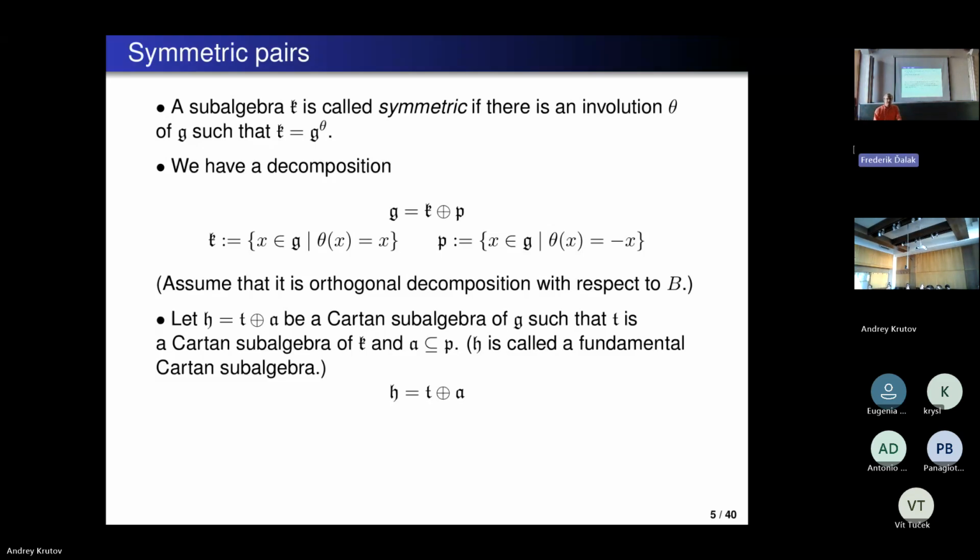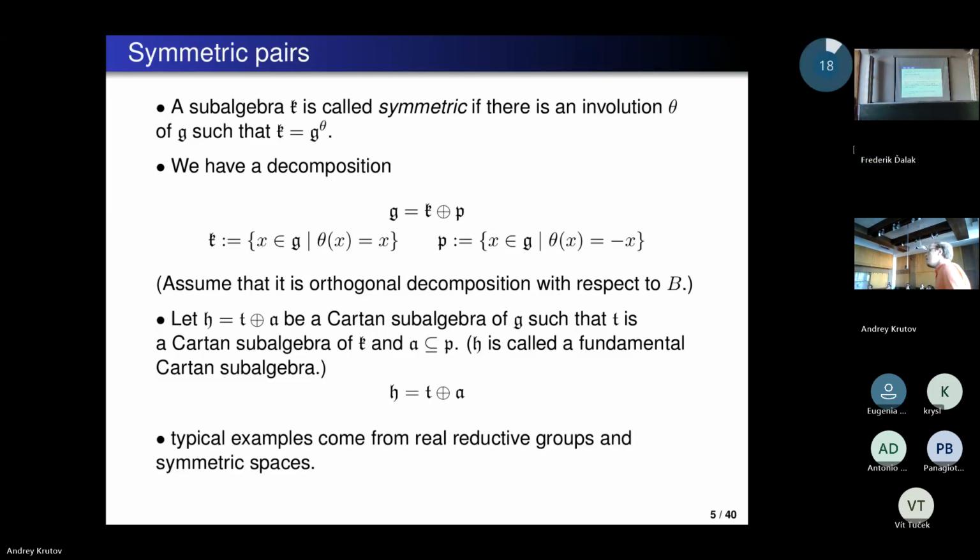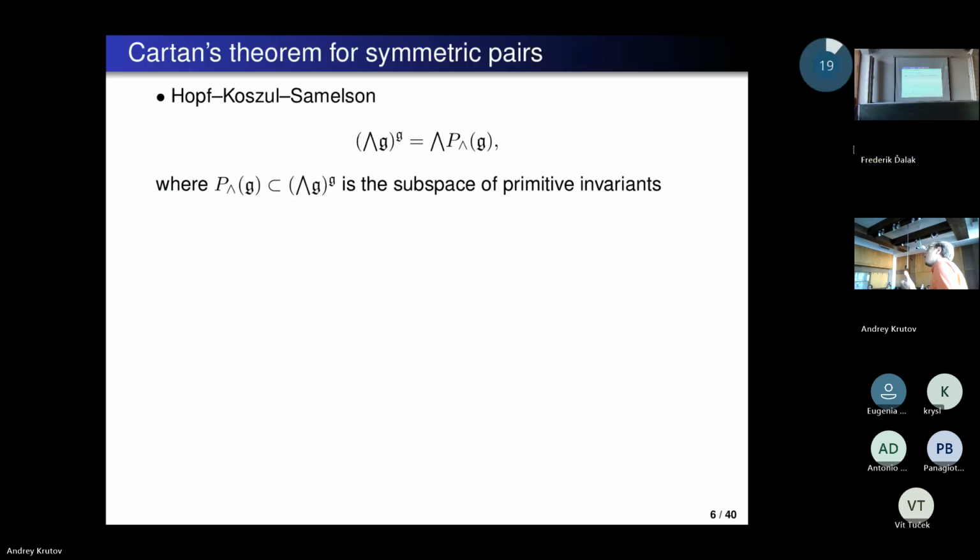You can also speak about maximally split, when you try to move as much as possible of H into the P part. Here, we are trying to do the following: we take a Cartan subalgebra in such a way that we maximize its intersection with K. Yeah, real reductive groups, compact symmetric spaces.